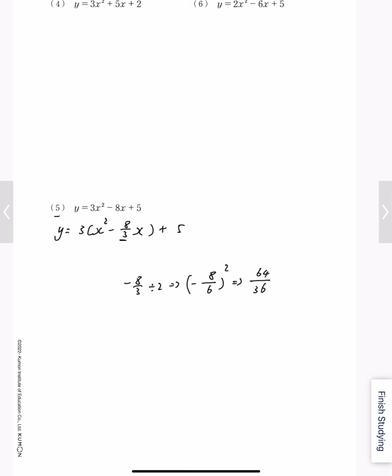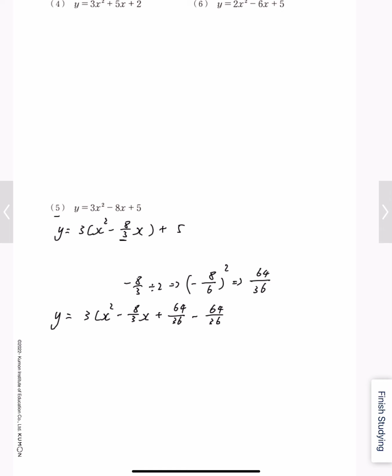All right, now, next step, what I want to do is use y equal to 3x squared minus 8 over 3x plus the number that I just got, 64 over 36, and minus 64 over 36.